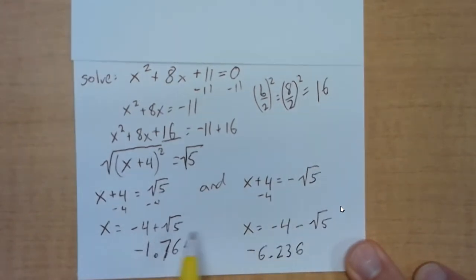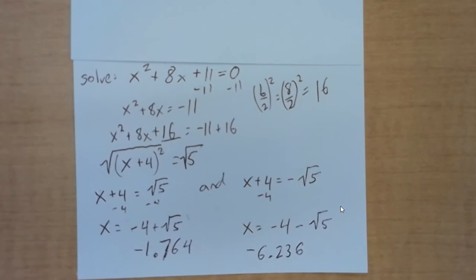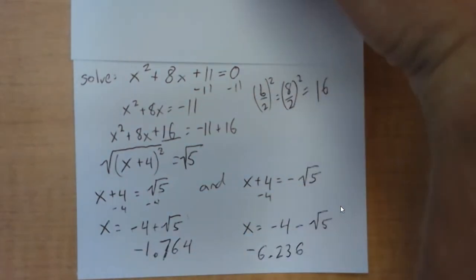So either way is acceptable. Oftentimes Delta Math prefers your answers in terms of radicals, so you'll need to keep the radical. And that's just the way life is. And it's not always perfect.